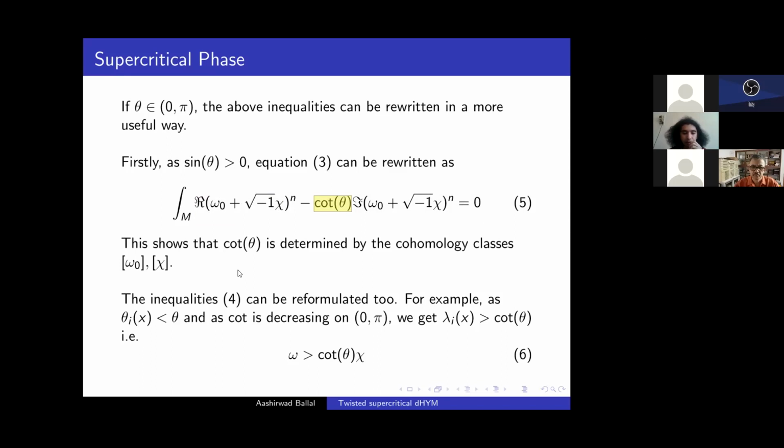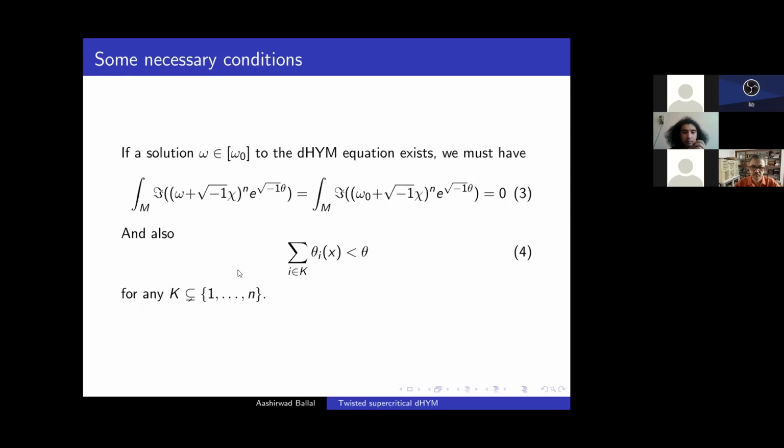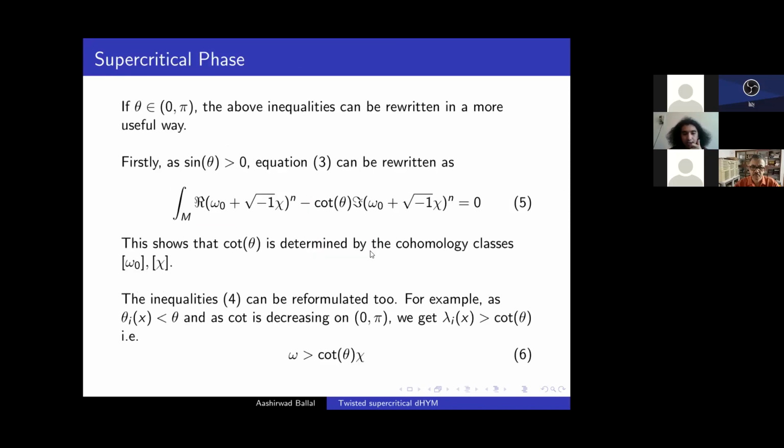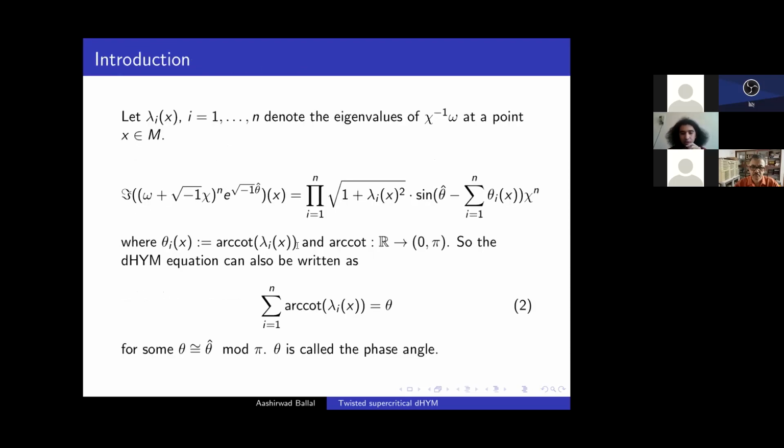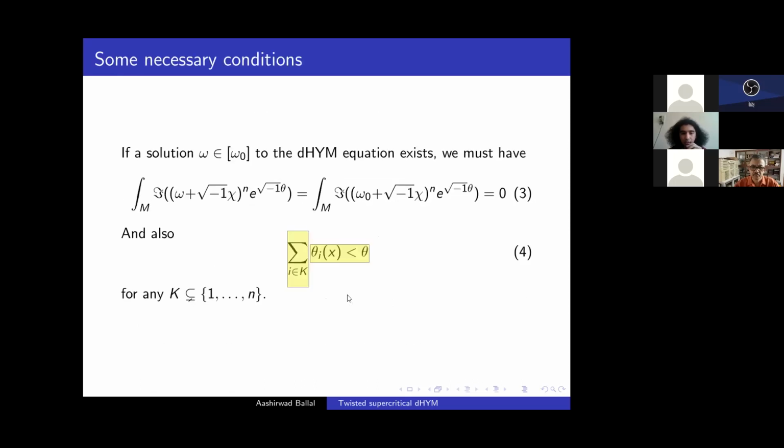Yeah, and we also have to reformulate this inequality. So if you take k to be a singleton, for example, I of x is less than theta for all theta.